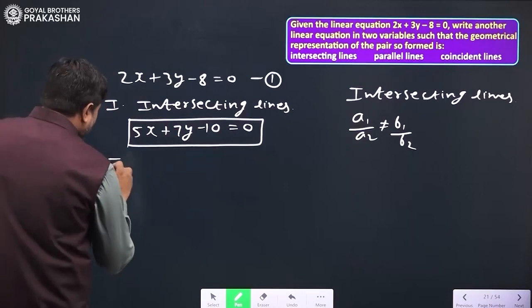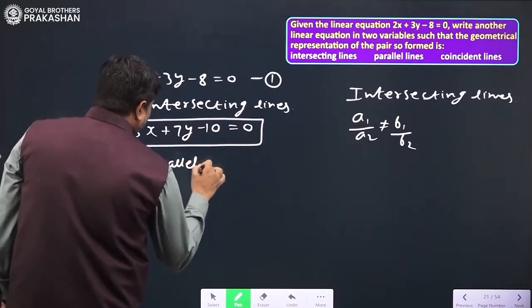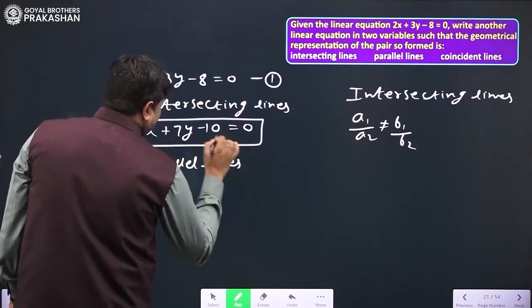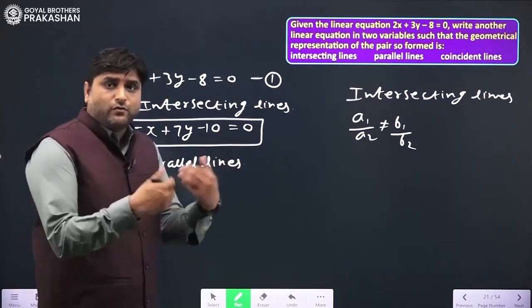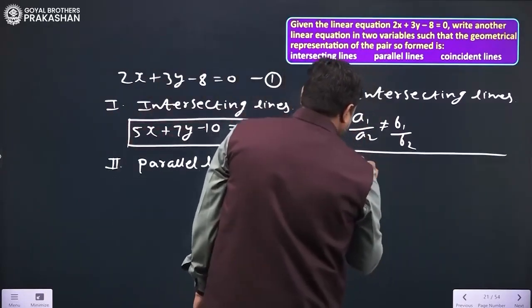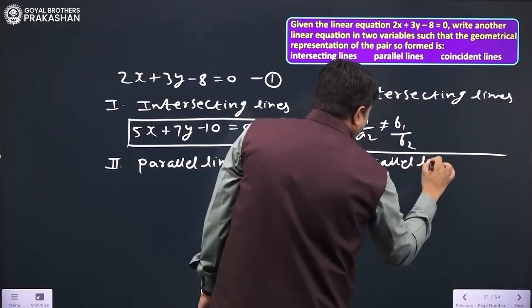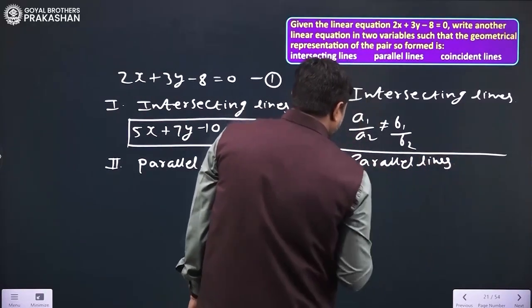Now the second case is for parallel lines, means we have to form the second equation so that the pair so formed must have parallel lines. So what is the condition for parallel lines? If lines are parallel, then algebraically how can we check, what is the condition?